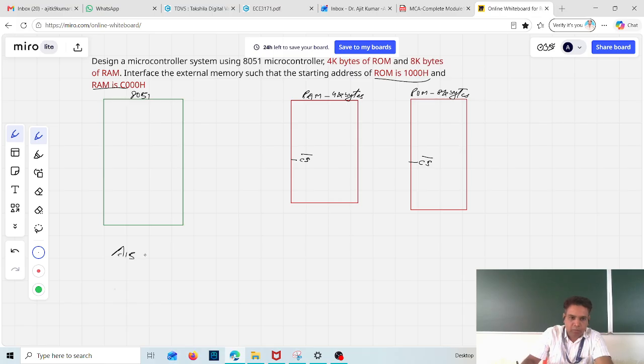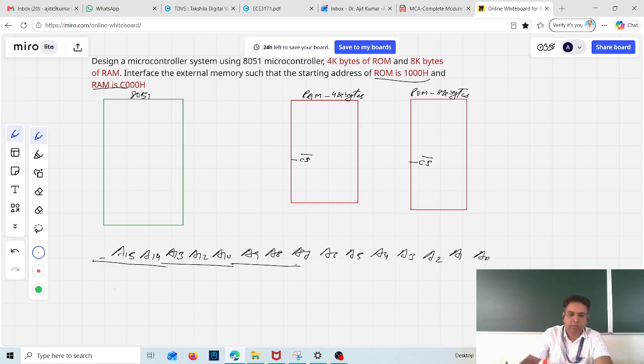Let us see what the effect of the starting address is: A15, A14, A13, A12, A11, A10, A9, A8, A7, A6, A5, A4, A3, A2, A1, A0. I know there are a total of 16 bits of address size for the 8051 microcontroller.